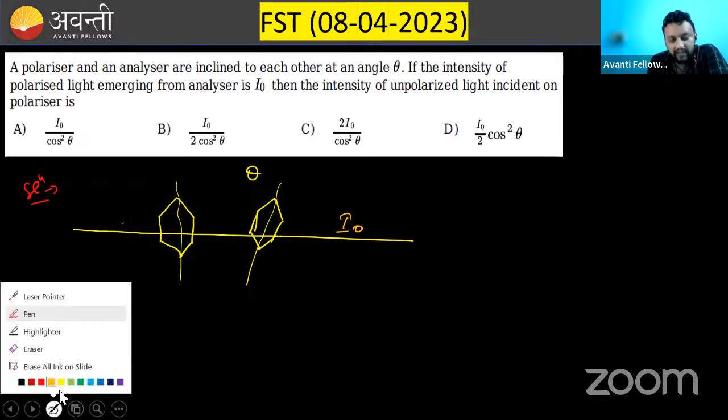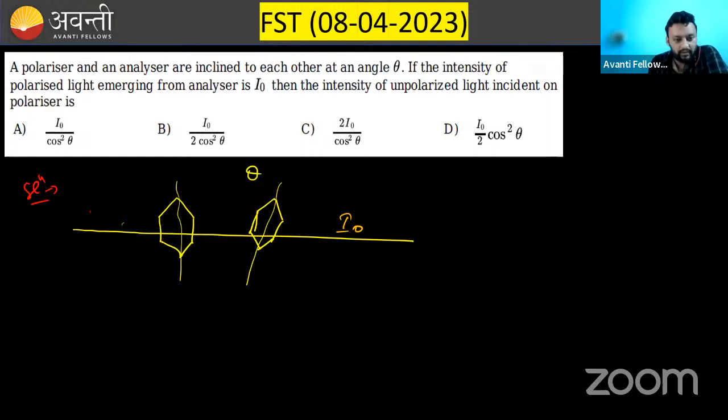Now listen, let's suppose the incident light is I. The intensity of light which is incident on polarizer, this is polarizer, this is analyzer, is I. So we know that when unpolarized light passes through the polarizer, its intensity becomes half. So it will become I by 2.